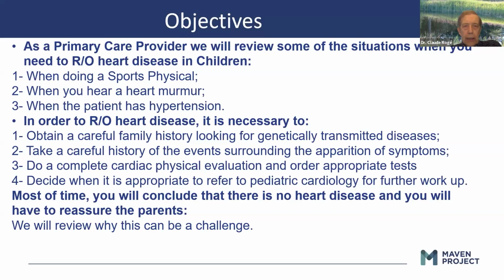In order to rule out heart disease, as you know, it is necessary to obtain a careful family history, looking for genetically transmitted disease. It's important to take a careful history of the events surrounding the appearance of symptoms, do a complete cardiac physical evaluation, order the appropriate tests, and decide when it is appropriate to refer to pediatric cardiology for further evaluation.